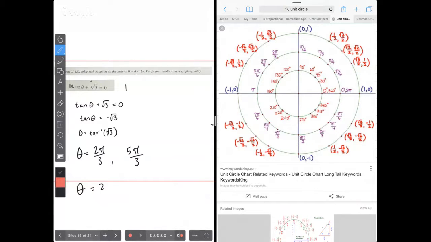And period here is pi. So set of values, 2 pi over 3 plus pi, union 5 pi over 3 plus pi.